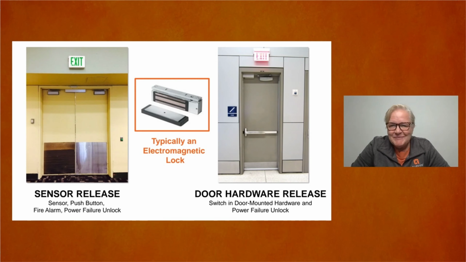That's news to some people, but the lock has to release for egress upon power failure. So the codes, I always like to say the codes are a minimum. You can use the auxiliary push button. You can use the fire alarm release. It might be required by the local jurisdiction, but it is not required by the model codes.